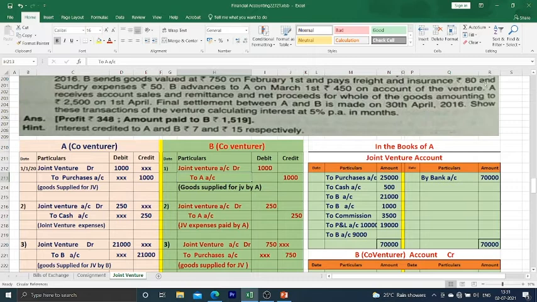Freight insurance 80, sundry expenses 50, total 130.